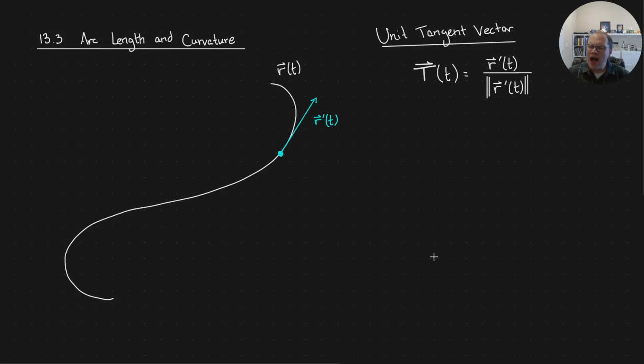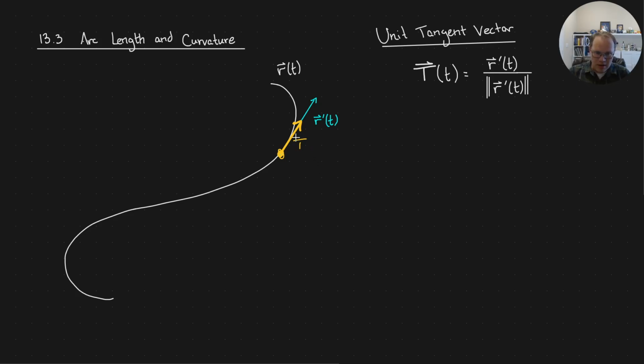So no matter how we are parameterizing the curve, how fast or slow we're tracing it out, at the point that we reach at time t, we'll always have this unit tangent vector.